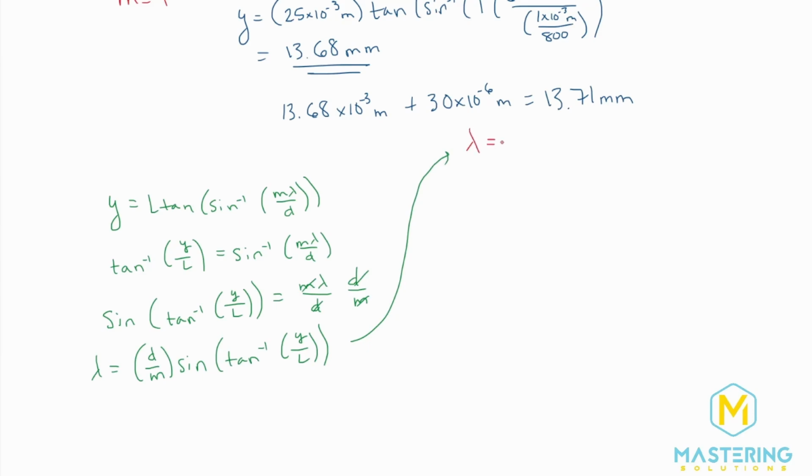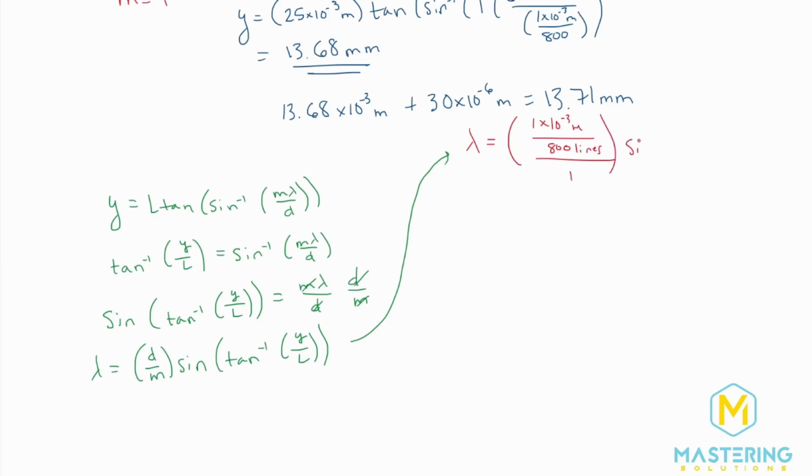So lambda is equal to d, which we said was, and that's over 1 for the m, so I'm just going to leave this as d just for simplicity. So 1 times 10 to the negative 3 meters over 800 lines or slits. I'll put it in, divided by 1.